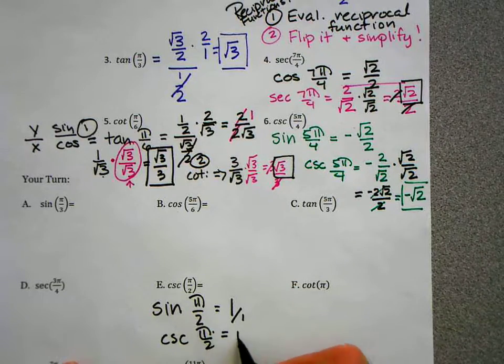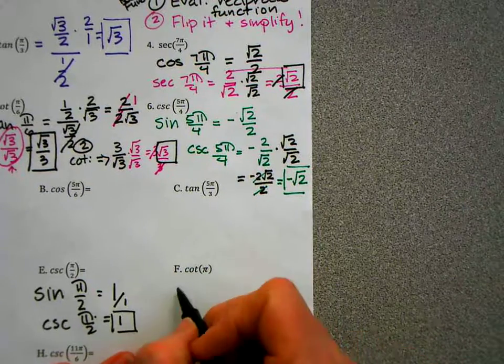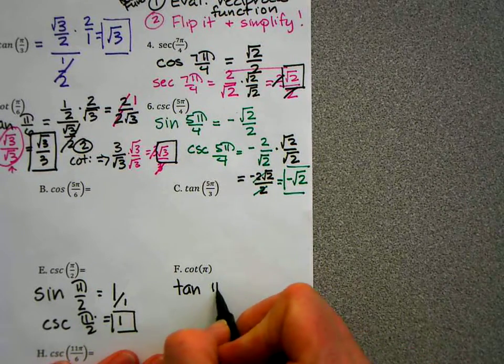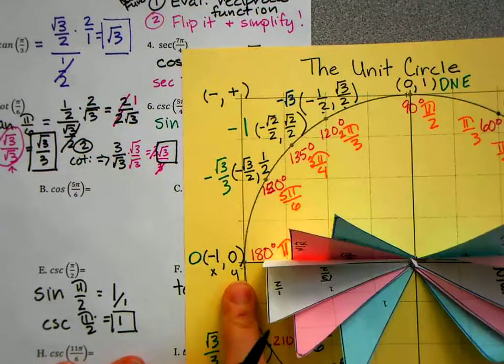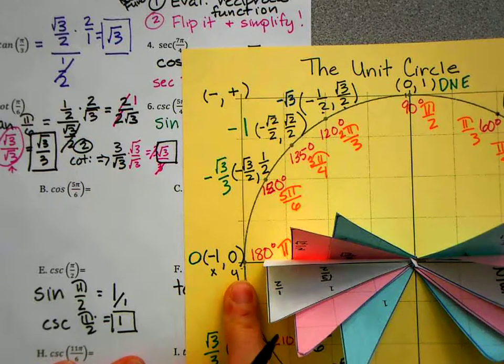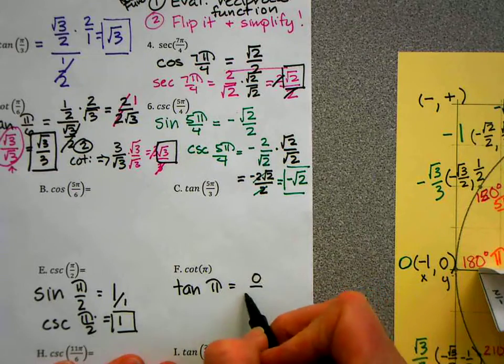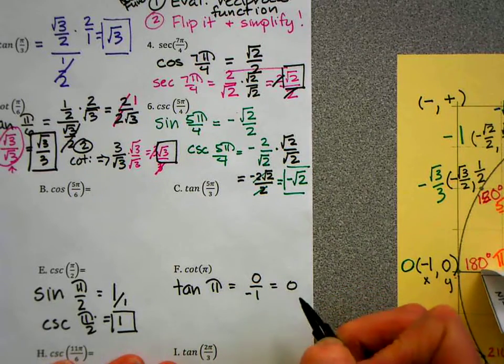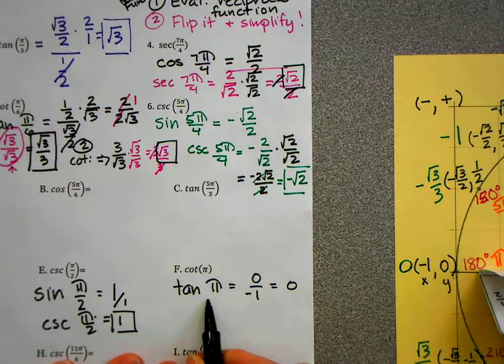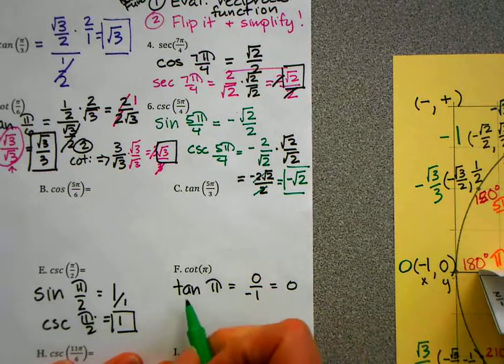Let's do this cotangent of pi. So I'm going to evaluate the tangent. So I go back to my unit circle. Pi, here I am on the left. The tangent is the y over the x. So let's do that. We have 0 over negative 1 equals 0. But I didn't want the tangent, right? I wanted the cotangent. So I first evaluate the tangent, then flip it.